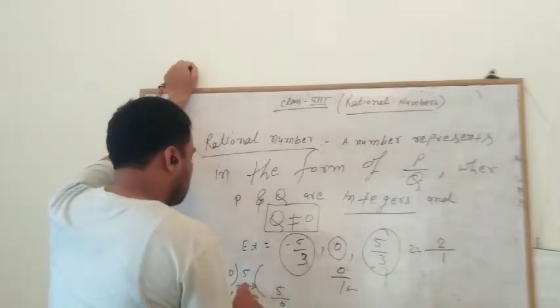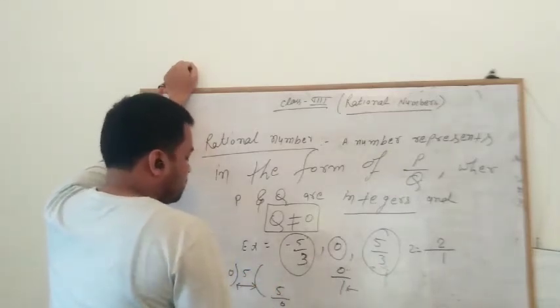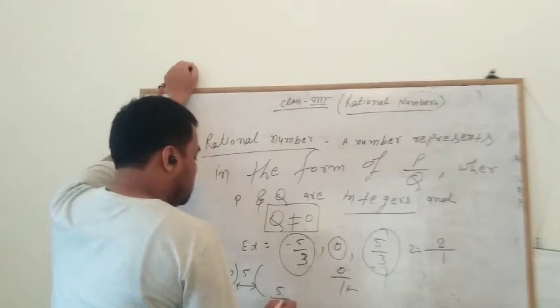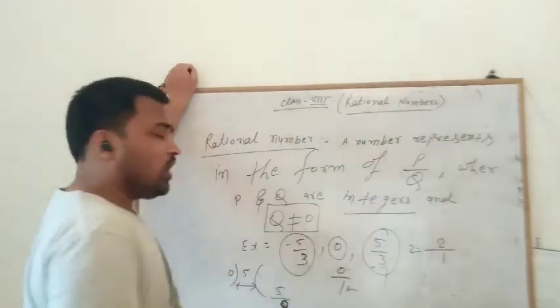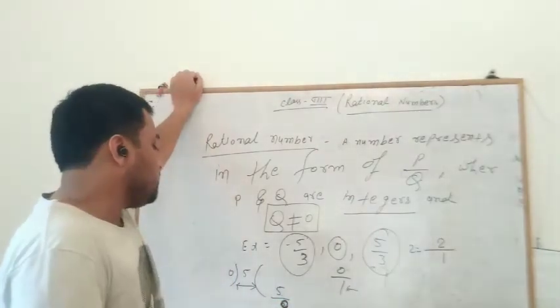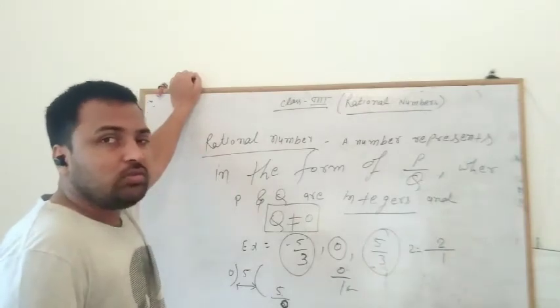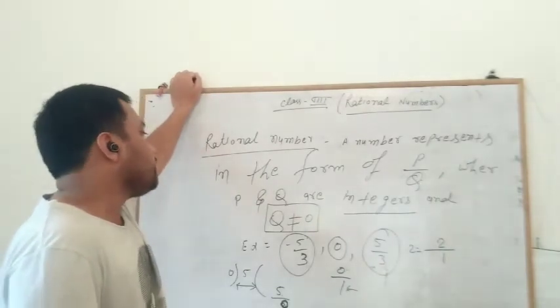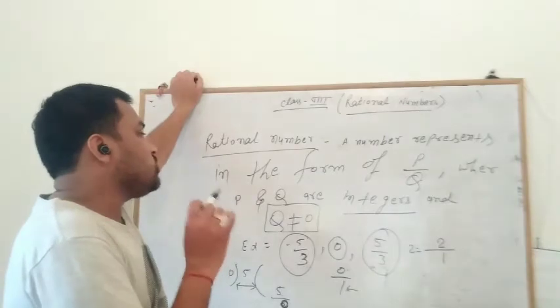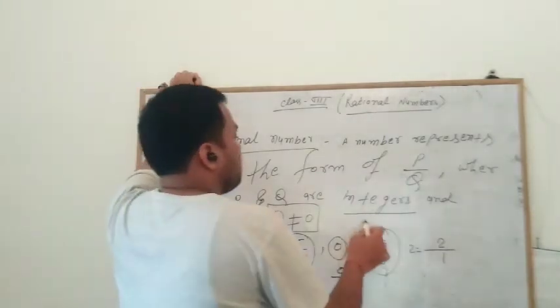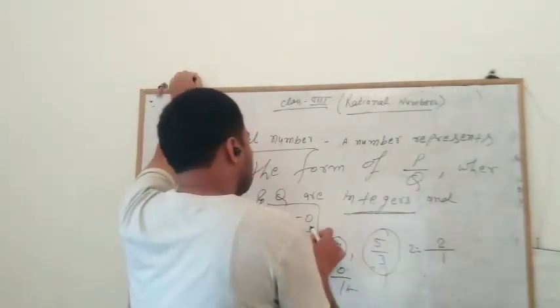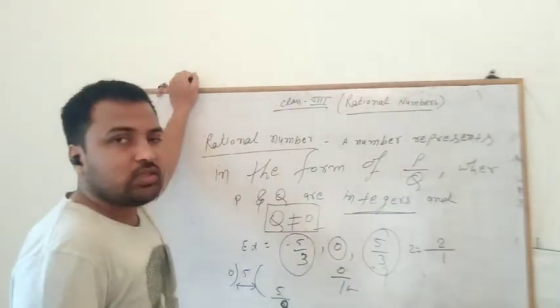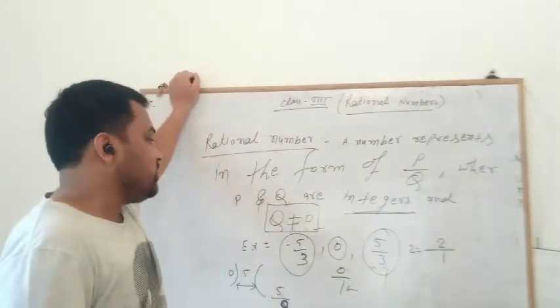There is no possibility, right? That's why we do not consider the denominator equal to 0. So there are two necessary conditions: p and q are integers, and q, the denominator, is not equal to 0.